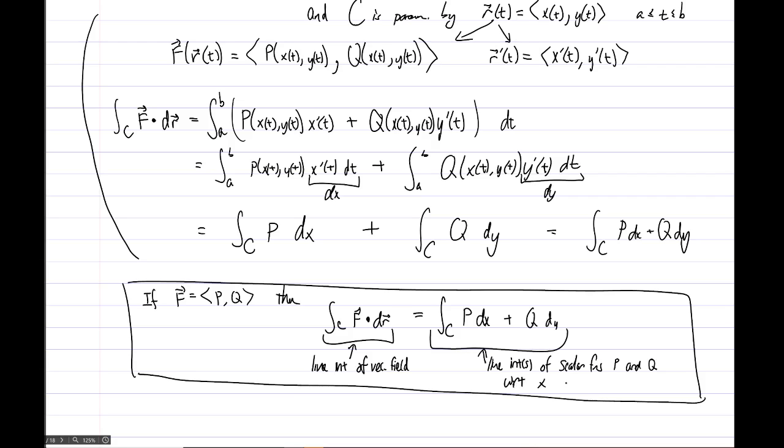So with respect to x and with respect to y. That's the connection between these. Again, there is a connection, but in the end, when you're setting up integrals of scalar functions, you should just use the method we saw last time. And when you're setting up integrals of vector functions, you should use the method that we learned at the beginning this time before we saw the connection. It's just important to point out that there is a connection. That's all.